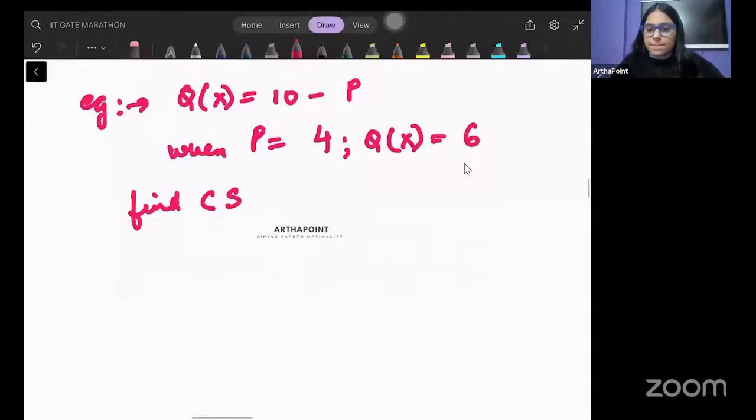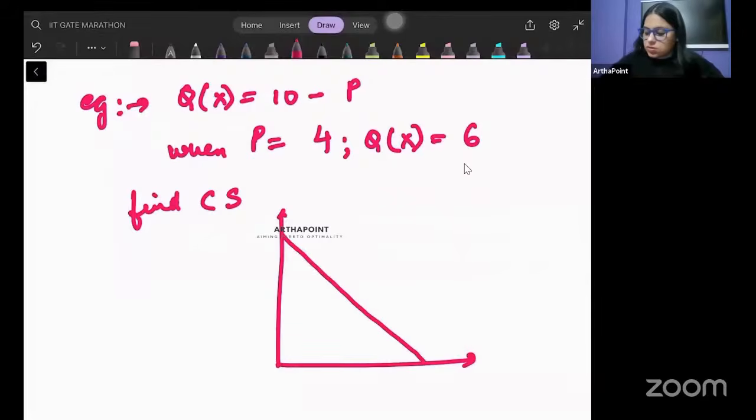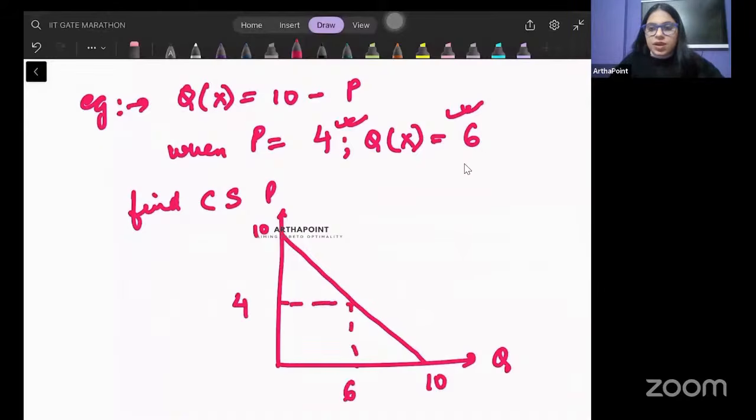Then I will first plot this demand curve. This will give me 10 here and 10 here. Then I will have P here and Q here. Now they have told me when P is 4, Q is 6. So if they ask me to find the consumer surplus, it means I have to find this area.